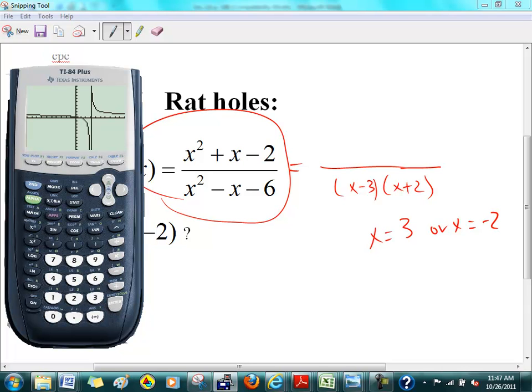Well, go take a look at the table. See what's happening at x equals negative 2. Yeah, it does indeed tell you error. So what happened?